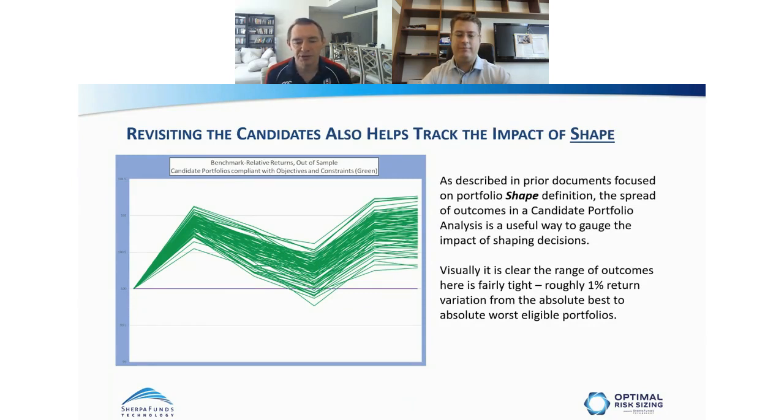But if we look at how wide the final distribution of possible returns is, we know the selection generated some upward slope. We know that the scoring didn't really add anything to that. But what is the breadth of possible outcomes you can have?